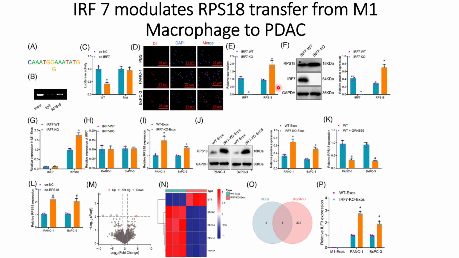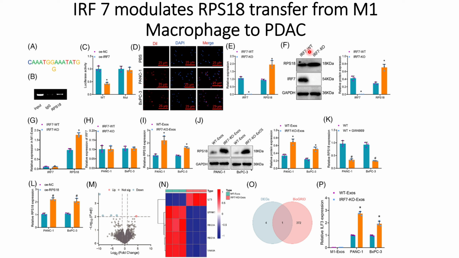However, for RPS18, the RPS18 formation is higher when IRF7 is knocked out. This substantiates their results: since IRF7 does not bind to the promoter region of RPS18, it does not interrupt RPS18 transcription.